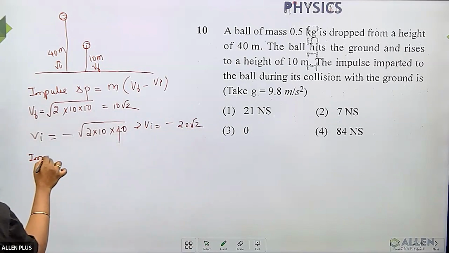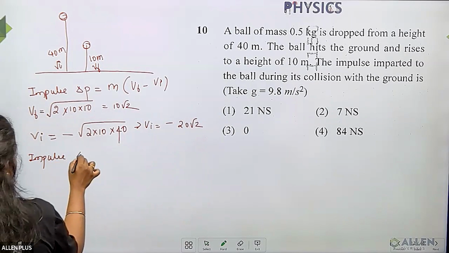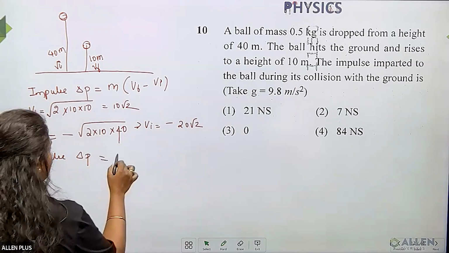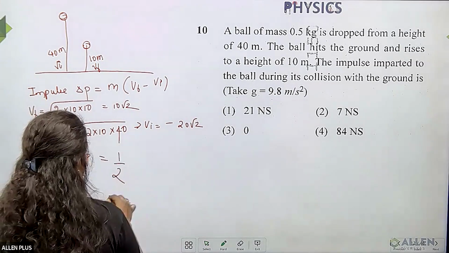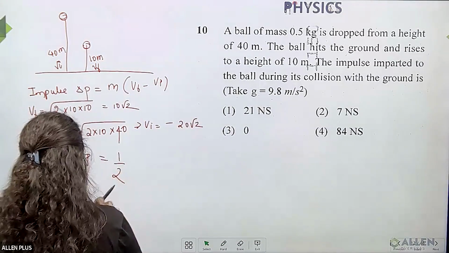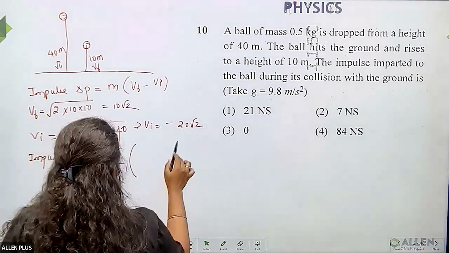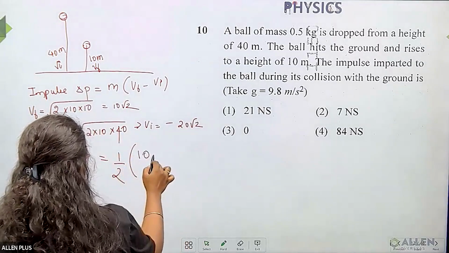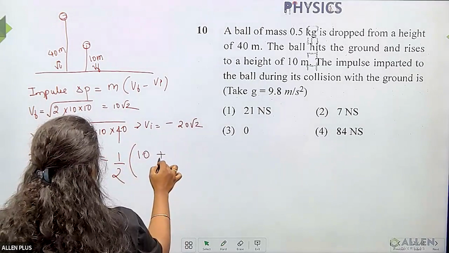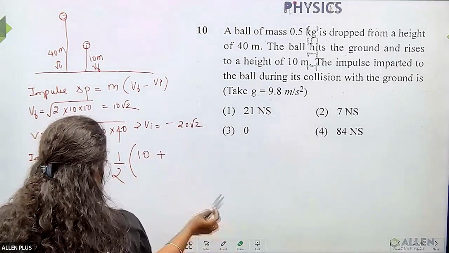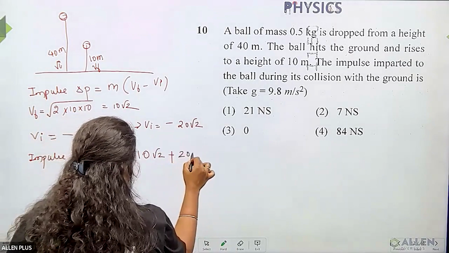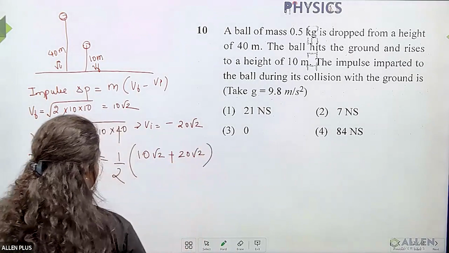So the impulse delta P, the mass is 0.5, or I can take it as 1 by 2, 1 by 2 into the final velocity 10 root 2, minus of minus becomes plus, 10 root 2 plus 20 root 2.